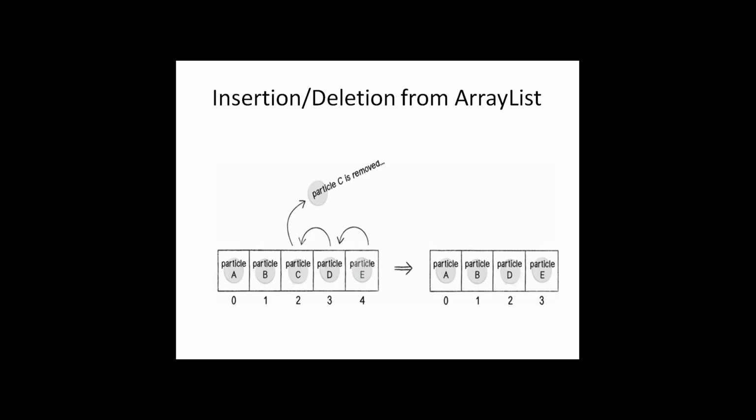Every element will be shifted from its position at the time of deletions or additions. So if your frequent operation is add and remove, then array list is not preferred.